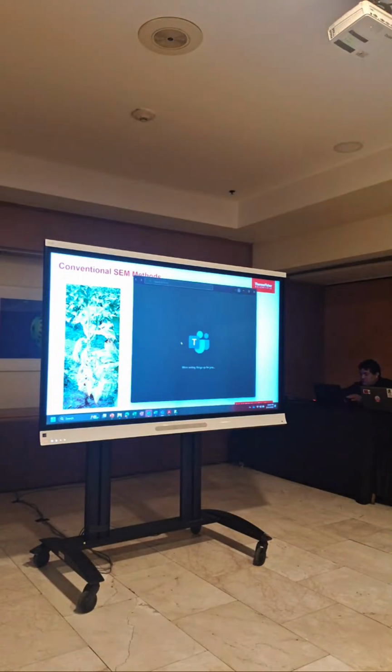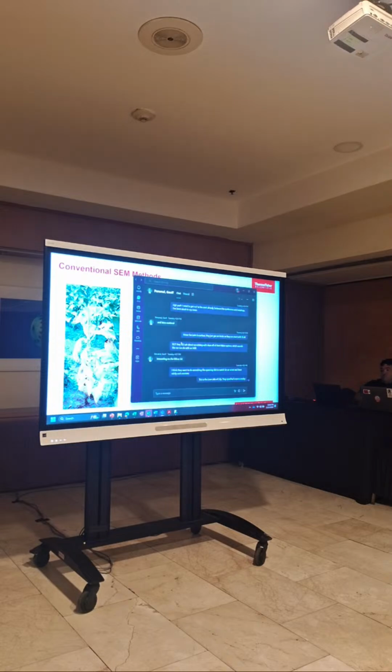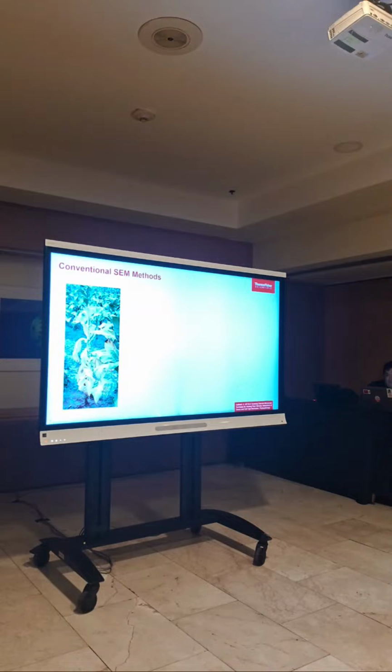So one of the drawbacks of working with some of the more typical methods of just SEM is, if we're talking about a plant pathogen, for example, an instance of wilt here, a lot of times we aren't able, from our naked eye, to see what is causing a pathogen like this.